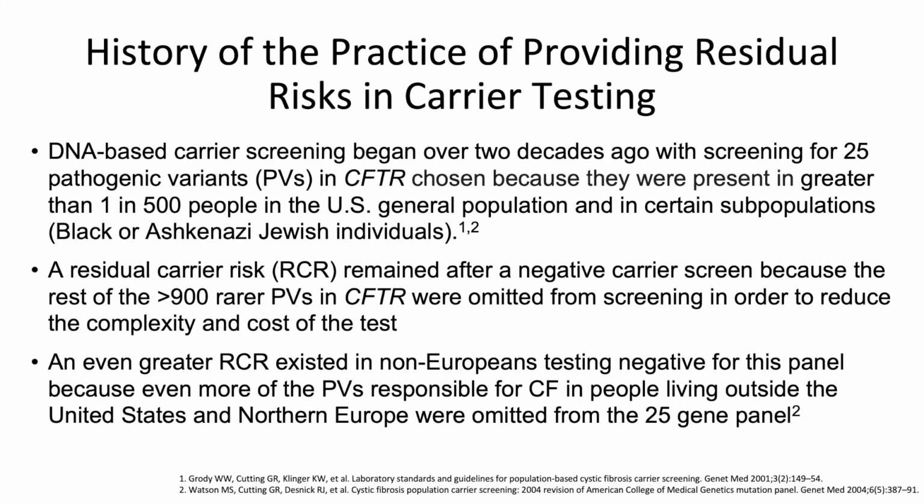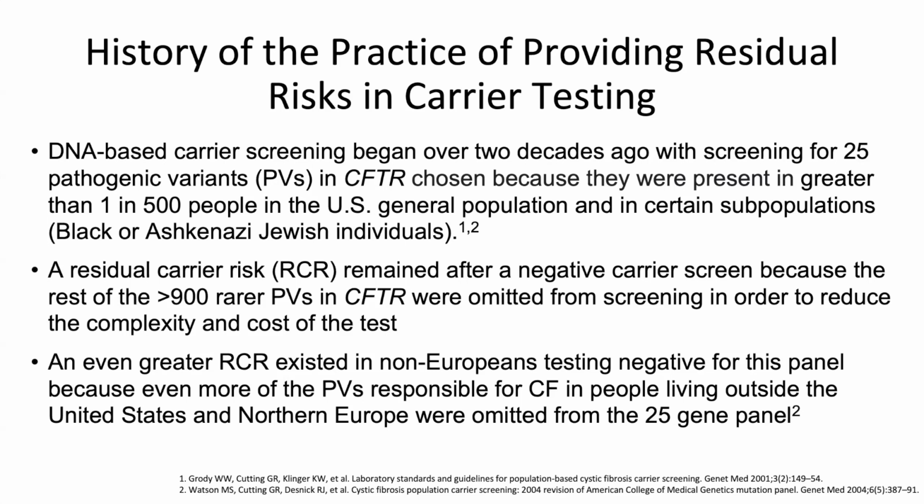And the problem was that because they limited it to 25 pathogenic variants that had a reasonably known carrier frequency, they were quite sure that there were other pathogenic variants, over 900 that were described, that were omitted from screening because they wanted to reduce the complexity and cost of the test. In other words, just hit the 25 most common ones.